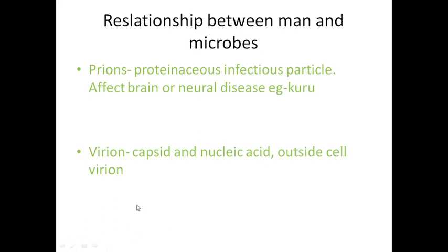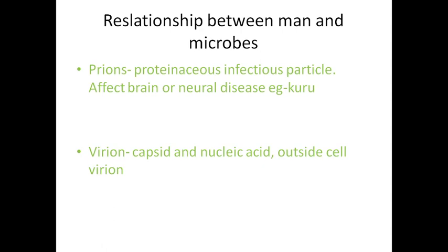Next one is prions. Prions are proteinaceous infectious particles. They have proteins, but they cause diseases for human beings. So it is called a proteinaceous infectious particle. It causes brain or neural diseases. For example, Creutzfeldt-Jakob disease is one kind.